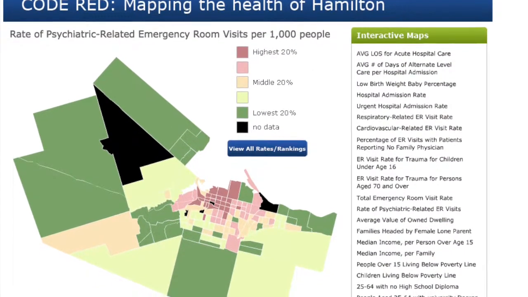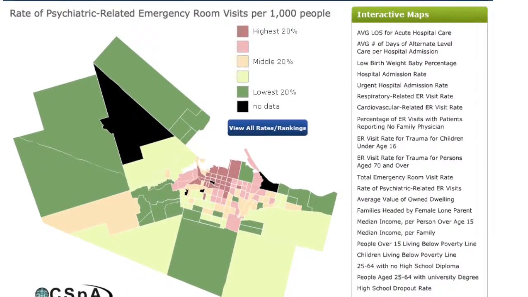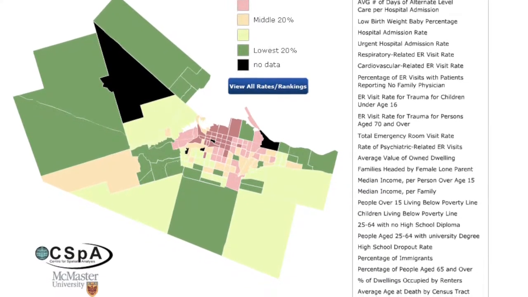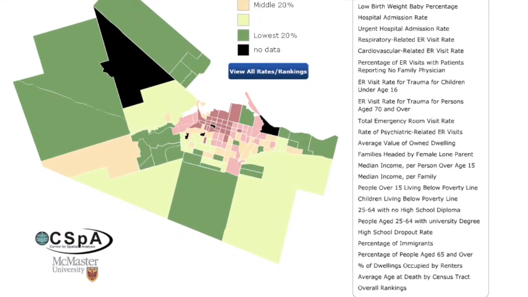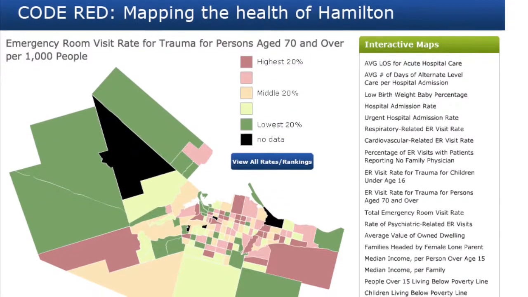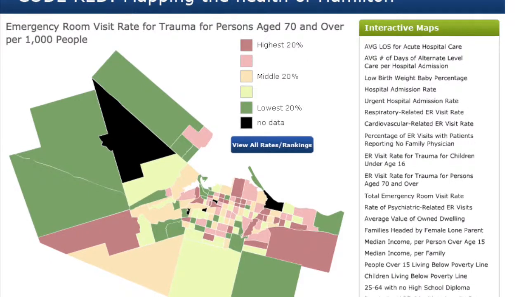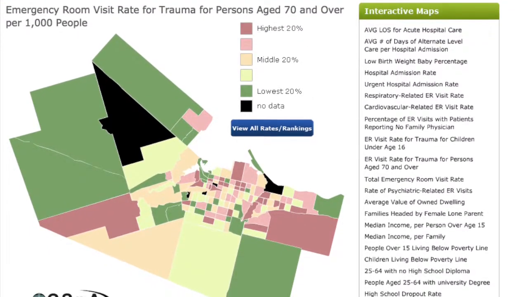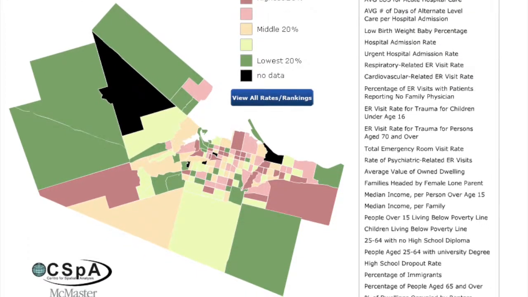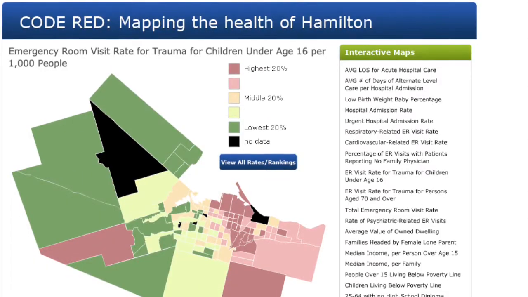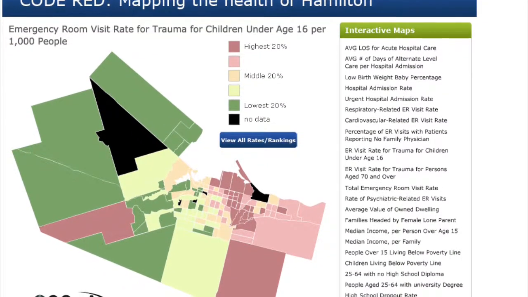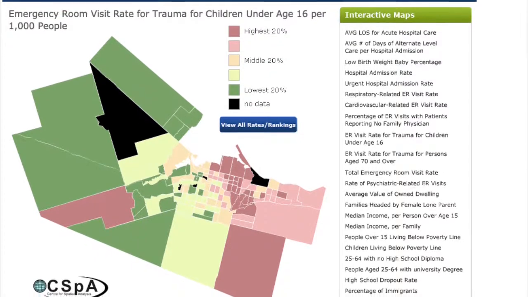Numerous Hamilton studies, including the Social Planning and Research Council (SPRC) report on poverty in 2004, the City of Hamilton Social Index, and the Spectator's Code Red articles have identified particularly disadvantaged areas of Hamilton. These have the highest rates of psychiatric-related emergencies, 88 per 1,000 compared to 2.6 per 1,000, and the highest rates of trauma incidents to children under the age of 16, 264 per 1,000 versus 33 per 1,000.